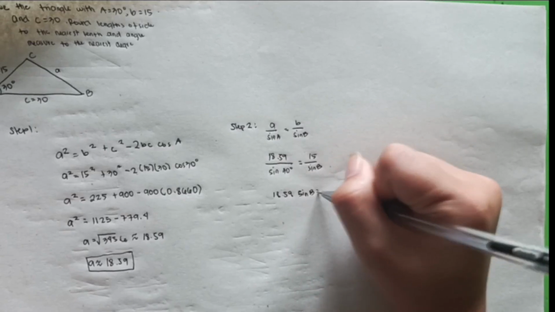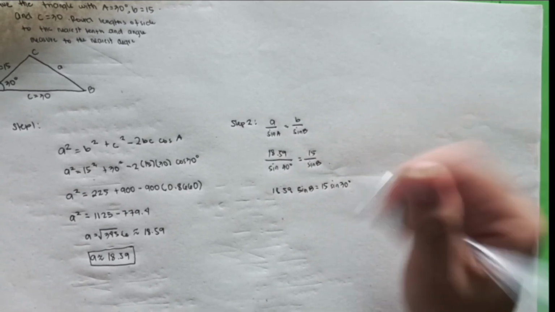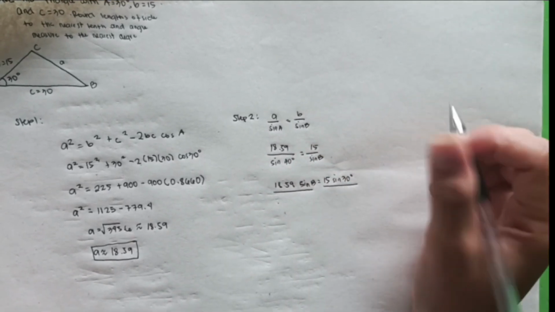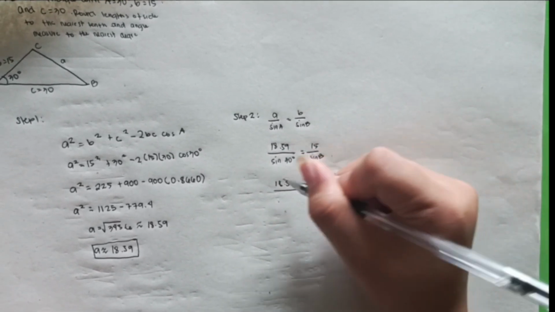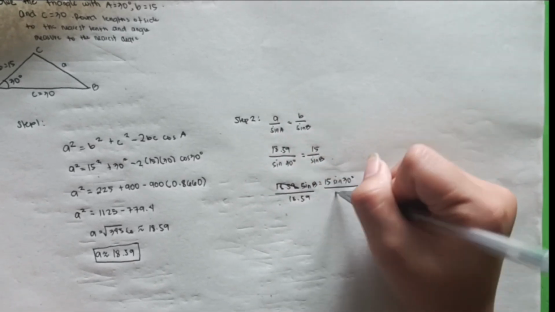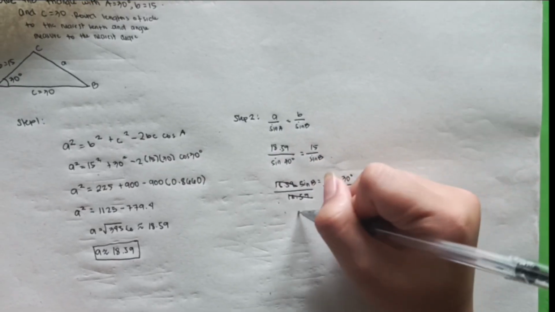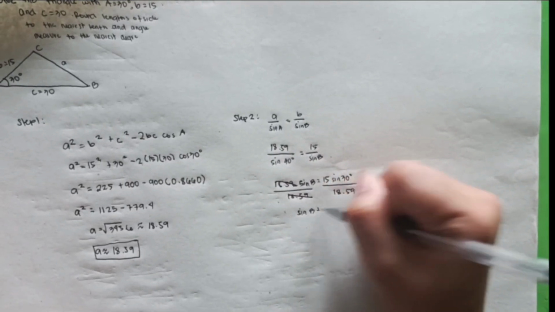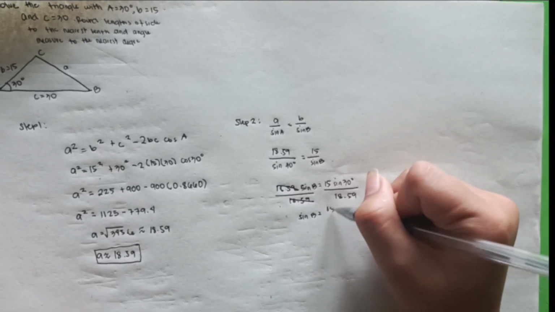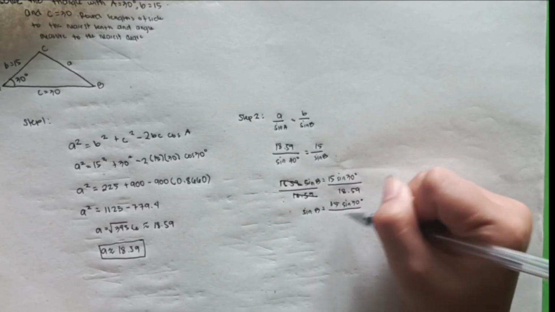After we multiply, we divide both sides by 18.59, and then we simplify. We get sine B equals 15 sine 30 degrees over 18.59, and simplify it.